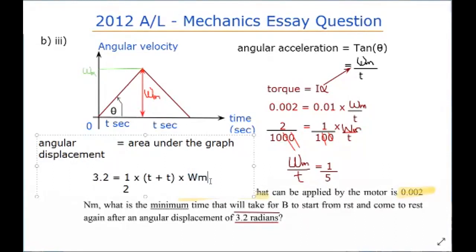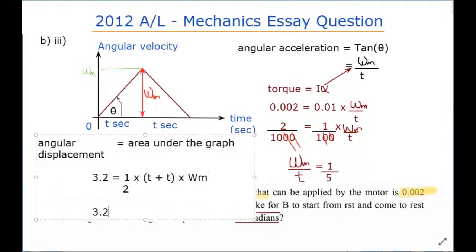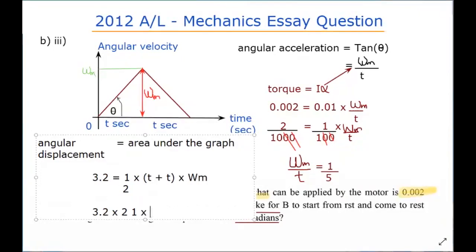So I have written wm. So next step, I can take 2 to the other side. 3.2 into 2 equals 1 into t plus t, which is 2t, into omega m.